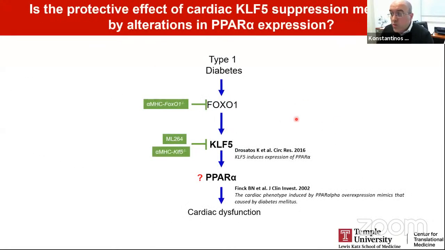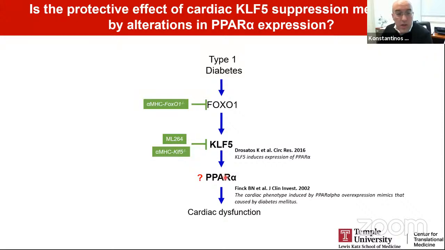So the next question was, because we had shown that KLF5 regulates PPAR alpha, and Dan Kelly's group had shown that PPAR alpha is important for cardiac dysfunction in diabetes, whether the beneficial effect of KLF5 inhibition is accounted for by suppression of PPAR alpha expression.